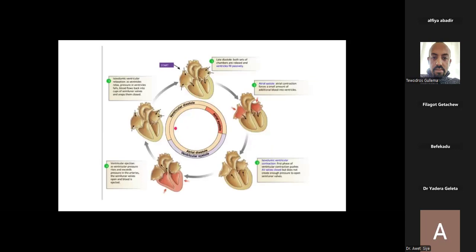In ECG, atrial contraction or atrial depolarization is represented by the P wave, right? So the cardiac cycle, for understanding purposes, usually starts from atrial contraction. As you know, the majority of the blood goes to the ventricle during diastole, during filling of the ventricle, passively.